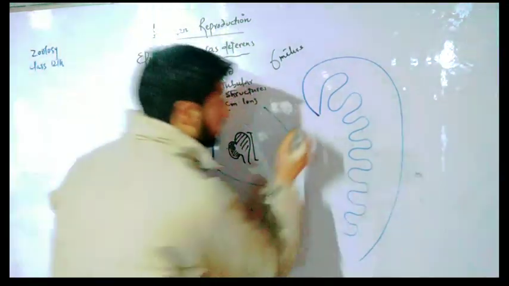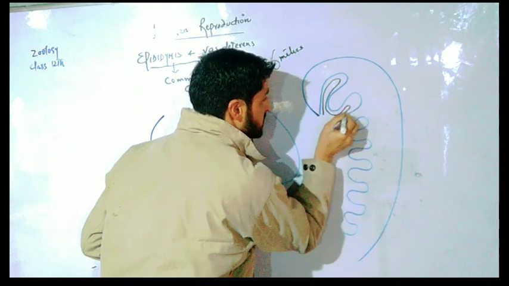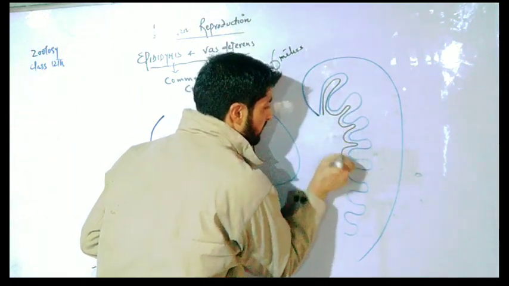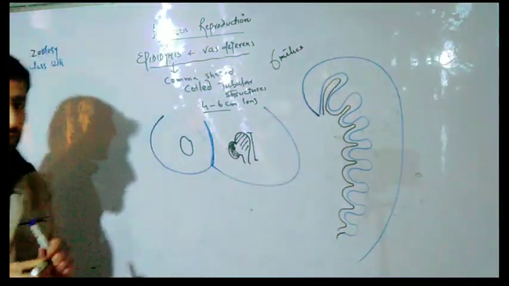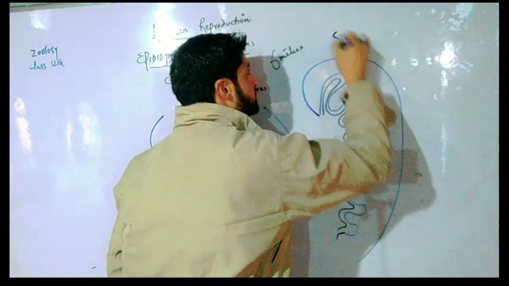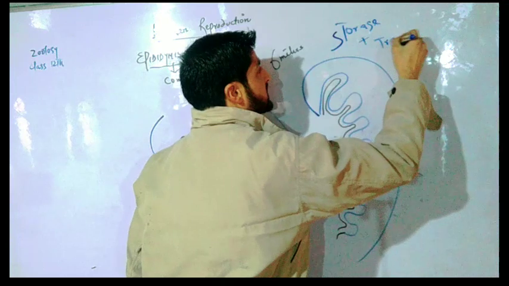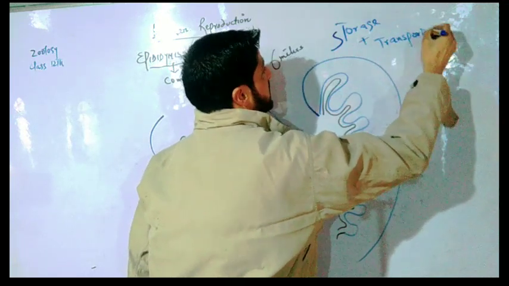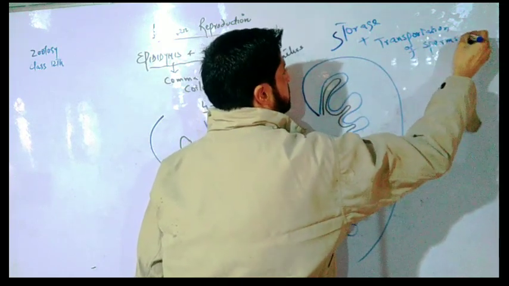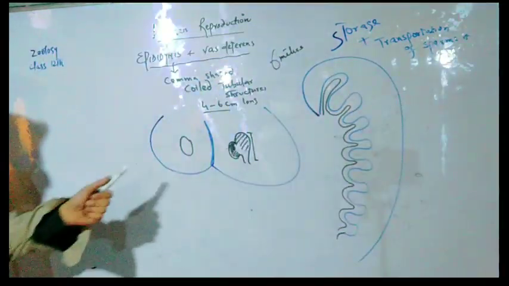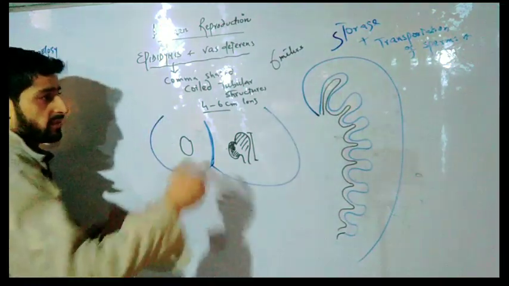The primary function of this tube is storage and transportation of sperms. These sperms are actually formed from the seminiferous tubules of the testicles that you already know. We have studied it in our previous lectures.